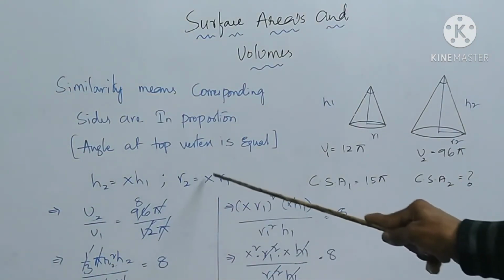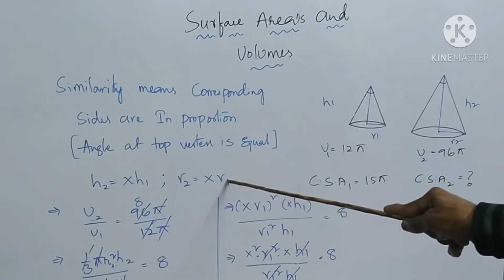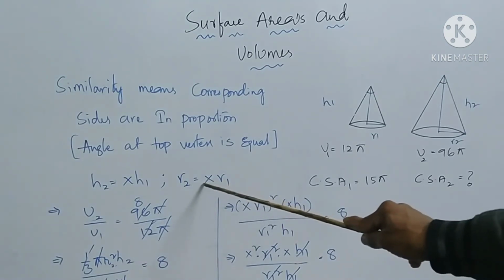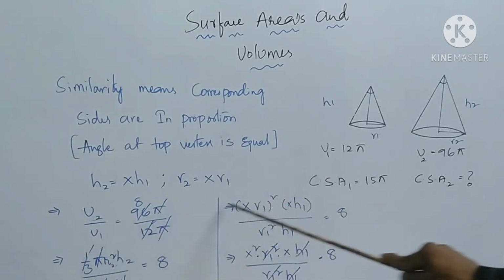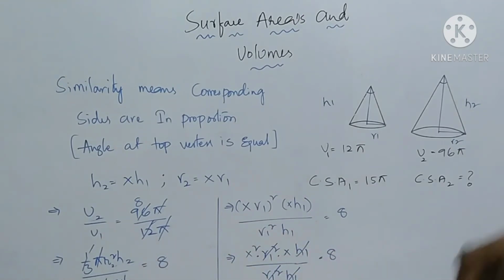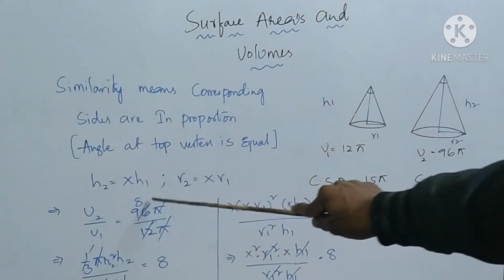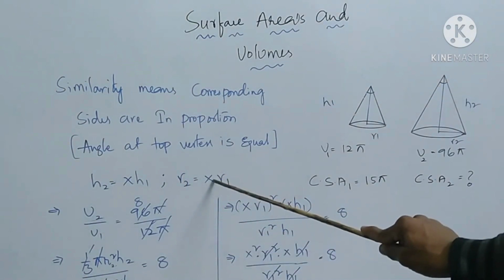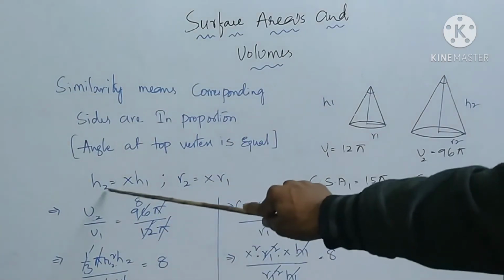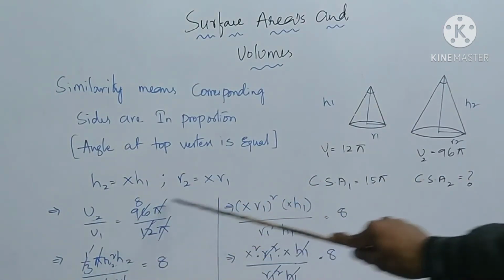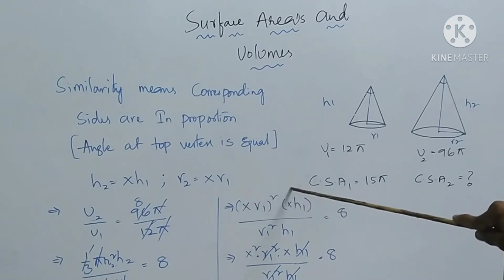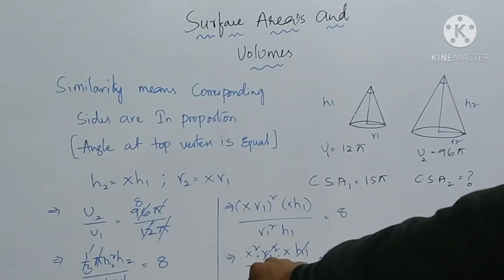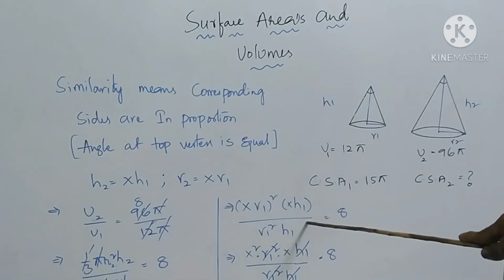What is the value of R2? R2 is X into R1, whole square. Substitute this value instead of R2. What is the value of H2? H2 is X into H1. So we get X square R1 square into X H1 by R1 square H1.